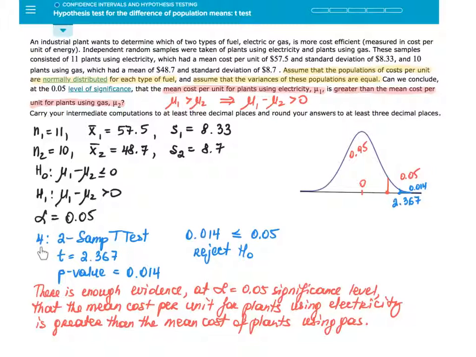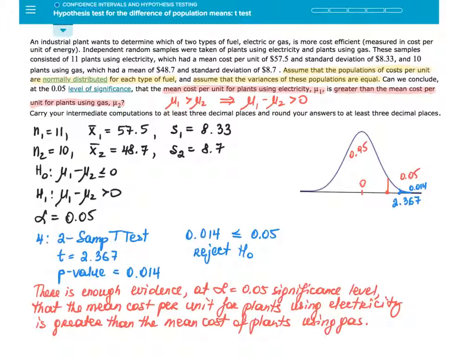When you enter the information provided to us into this test, the test statistic t comes out to be 2.367 and p-value comes out to be 0.014. We are using the p-value method to perform this test, so I'm comparing p-value to alpha.